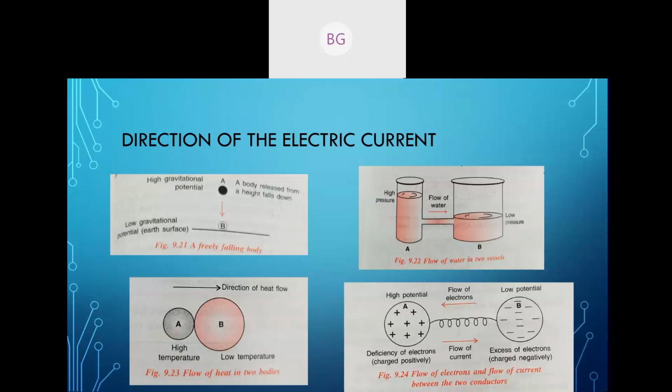It may be related to energy, pressure, or even temperature. So one more example where we can show that it always moves from higher to lower level is, say we have kept a vessel on a gas, and we have turned it on.